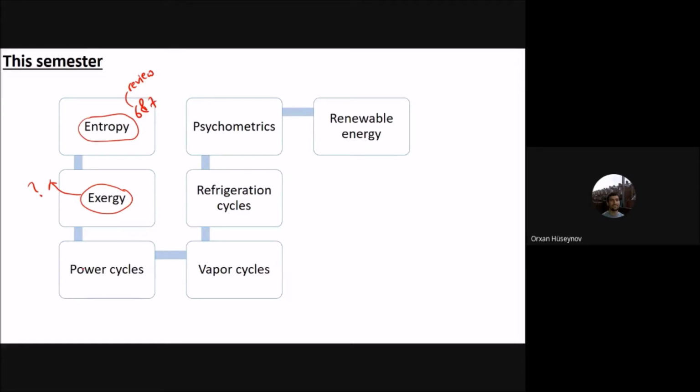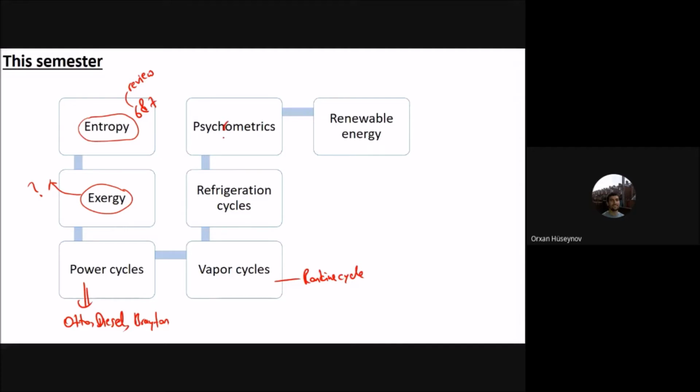And then I will talk about the power cycles, and mainly we will talk about the Otto cycle, then the diesel cycle, and also the Brayton cycle. And vapor cycles, the famous one being the Rankine cycle. And the refrigeration cycles, the different refrigeration cycles, and then psychrometrics.